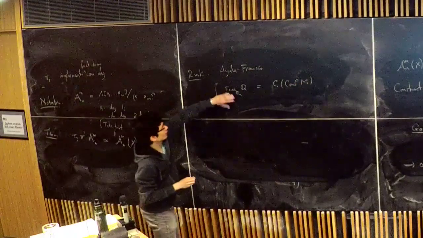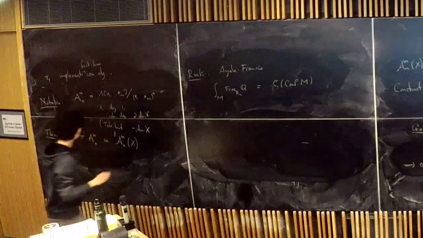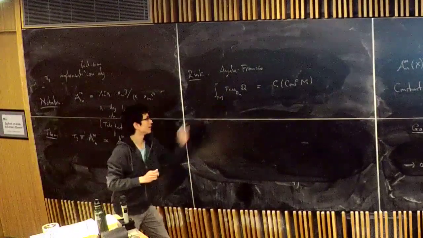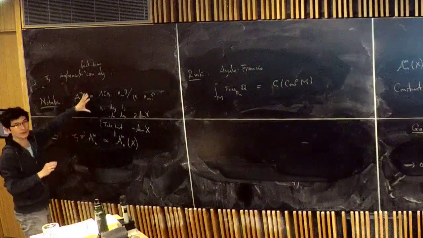Here it's generally an E_n thing. Whereas here, if you're actually familiar with this story, then you might wonder how come everything is commutative instead of E_n.